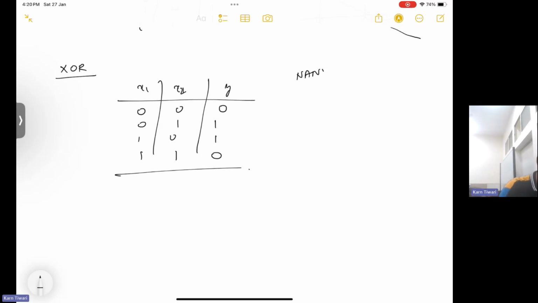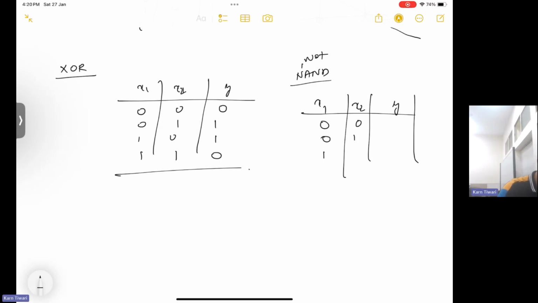And the NAND gate is given. NAND is a simple thing: just reverse whatever you are getting. Here it means NOT. Let me add the table for that as well: x1, x2, 0, 0, 0, 1, 1, 0, 1, 1.